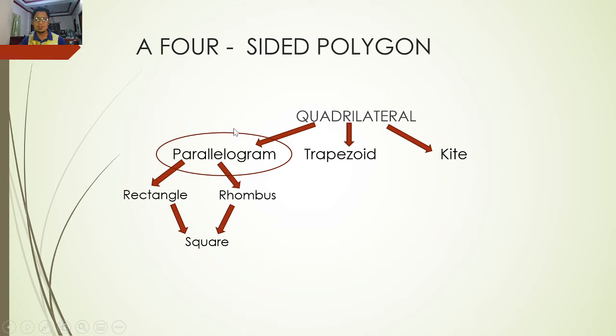So, pag pinag-usapan natin yung parallelogram, lahat ng nasa ilalim niya, taglay yung characteristic ng parallelogram. Taglay yung properties ng parallelogram. Okay po? So, ito po yung ating flowchart. Ito yung map po natin with regards sa quadrilateral.